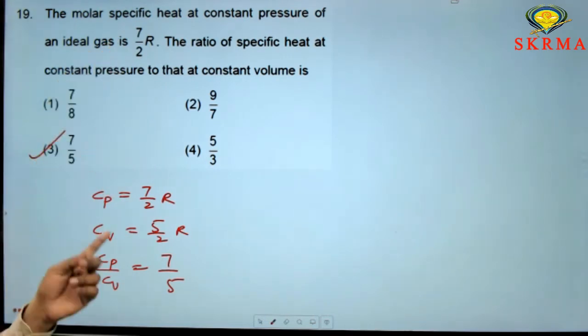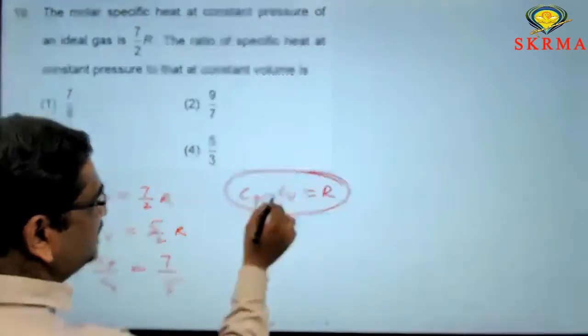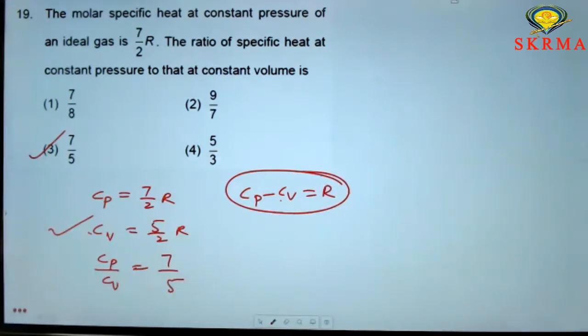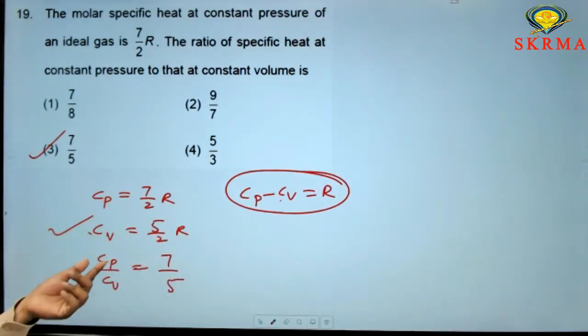Cp is given, so I am writing Cv from that. The Cp minus Cv formula is R only. So use this relation and write down the Cv value. If Cp is 7/2 R, Cv should be 5/2 R. Then Cp by Cv equals 7/5.